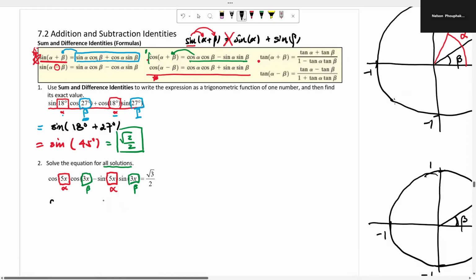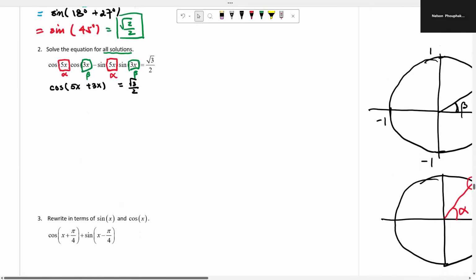It means that I will have cosine of 5x plus 3x, which is equal to root 3 over 2. And now we will have cosine of x is equal to root 3 over 2.